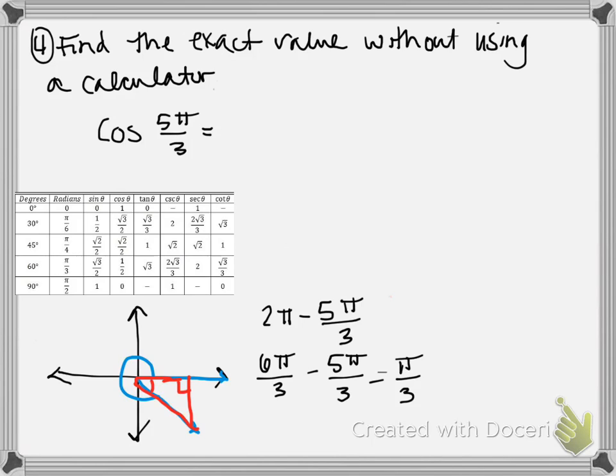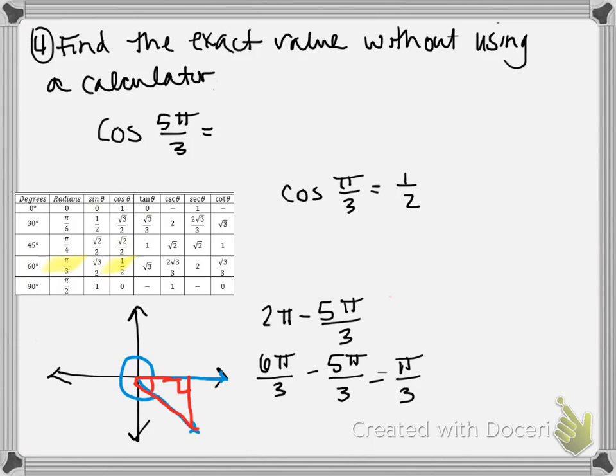So I'm looking for cosine. And I know cosine, here's pi over 3 on my trig table. Cosine pi over 3 is going to be 1/2. So let's write that down. Cosine pi over 3 is 1/2.